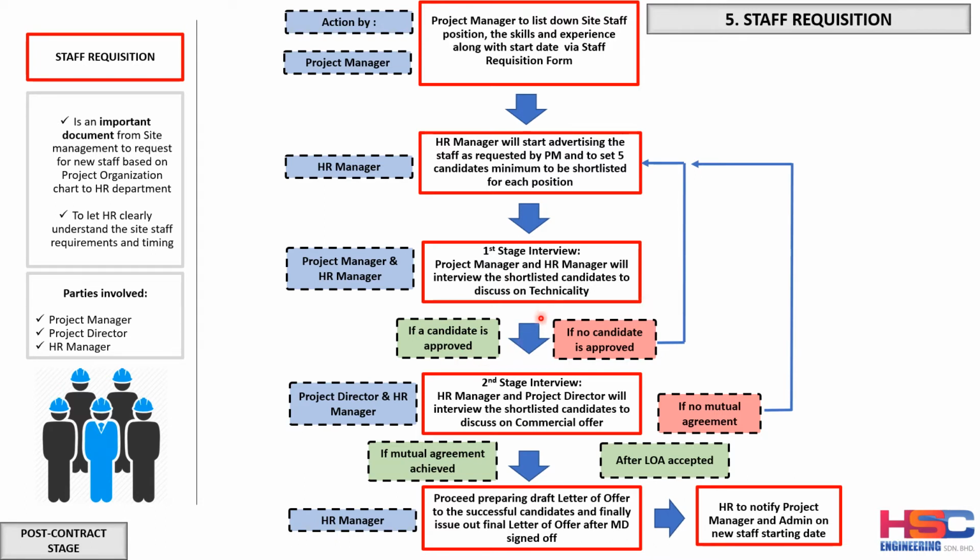From this first stage interview, if the candidate is approved, it will go to the second stage. However, if not approved, they have to look at the shortlist again, look at the CVs that they received and shortlist again, or they have to wait longer, or re-advertise on the website or wherever they have.